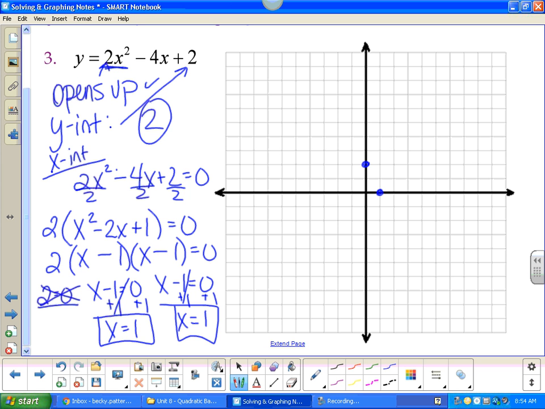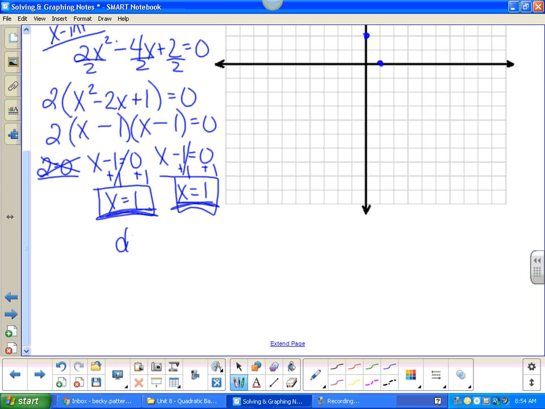And it opens up. Okay, if I come down here and come down through it, aren't I going to come back up? And I can't come back up because my only x-intercept was a 1. So, when this happens, when you get the same answer twice, it's called a double root.